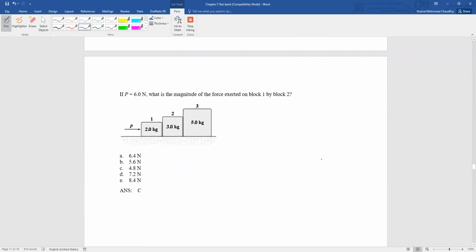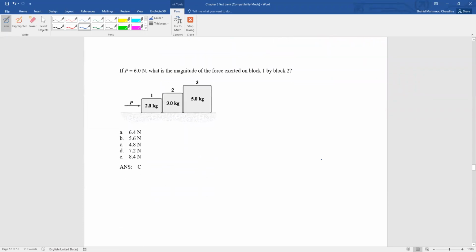Okay. After this, there are 3 blocks. If P is equal to 6 Newton, what is the magnitude of the force exerted on block 1 by block 2? On block 1 by block 2 means you want to find this force in this direction. So what you will do? First find the acceleration.